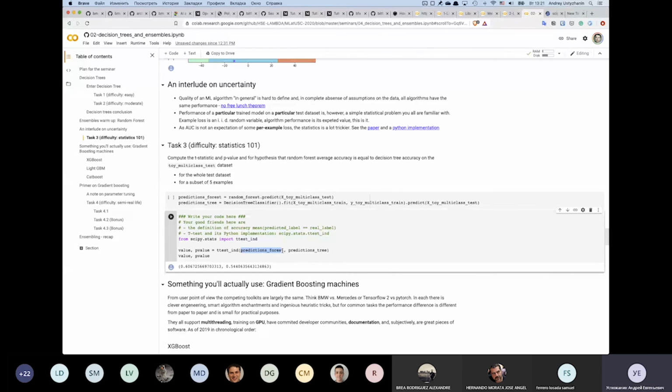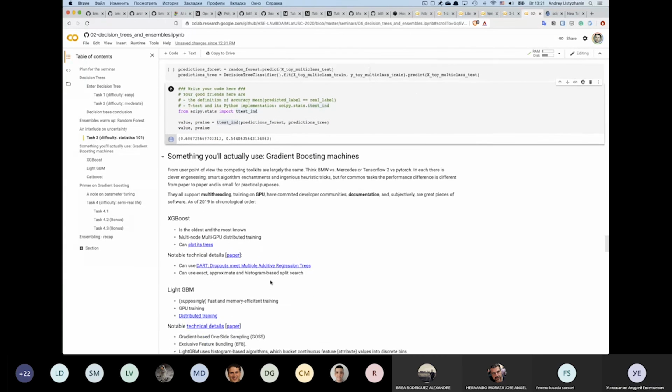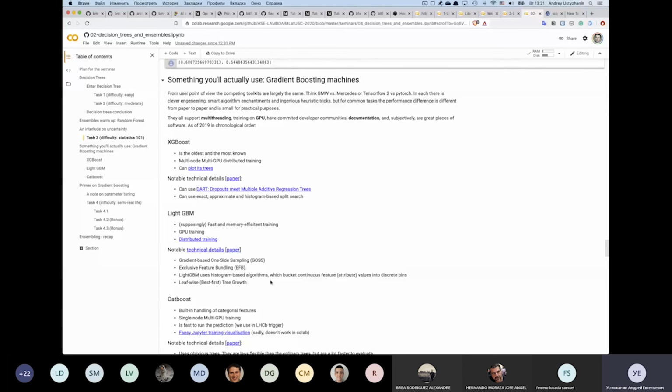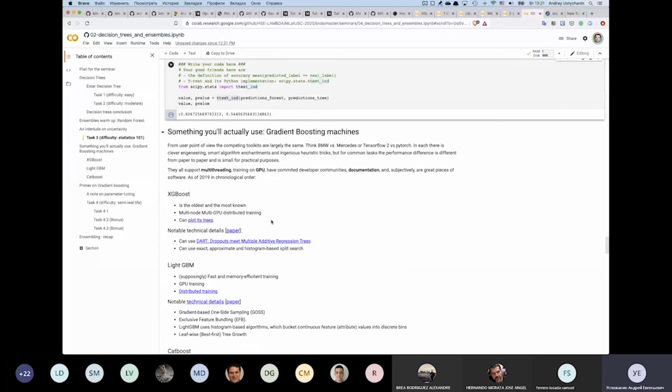Then you get the array of those accuracies, and you run those accuracies through this Student's t-test, and then you get the t-statistic and p-value. Okay, so it's not difficult to do. I'll send solutions afterwards, so you may have a look at this. Otherwise, feel free to do it yourself.